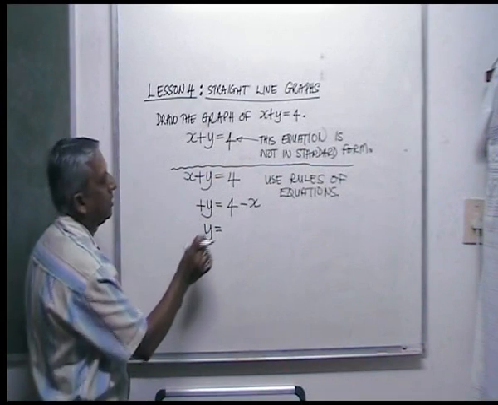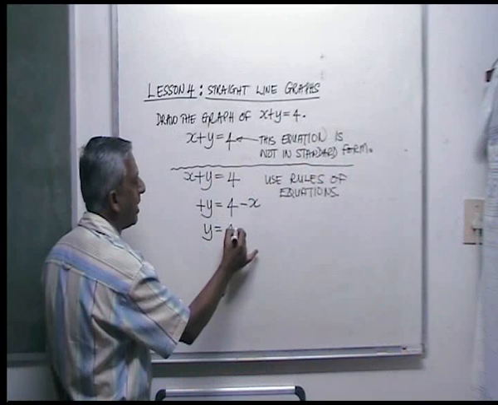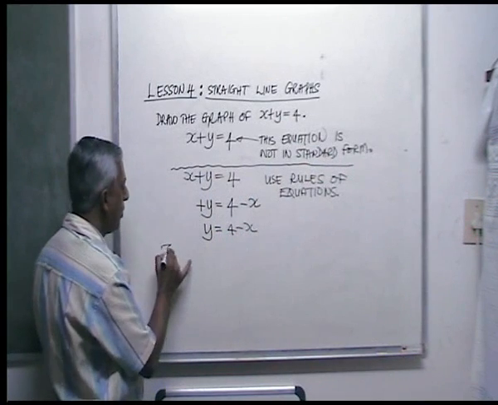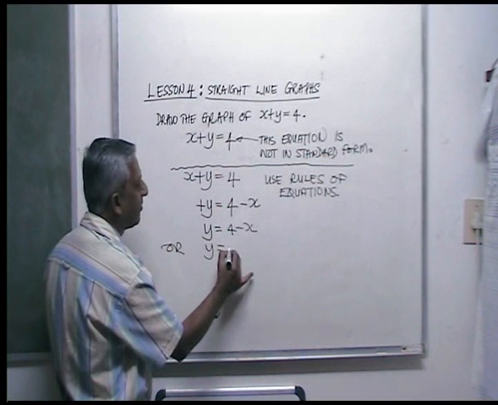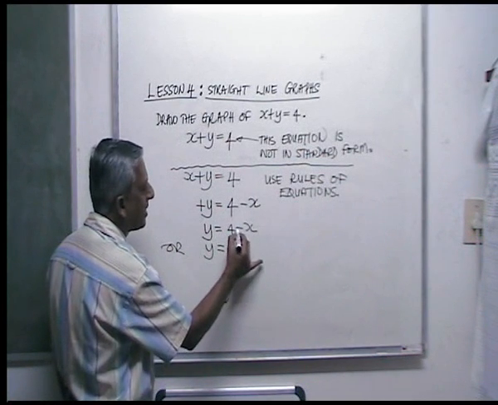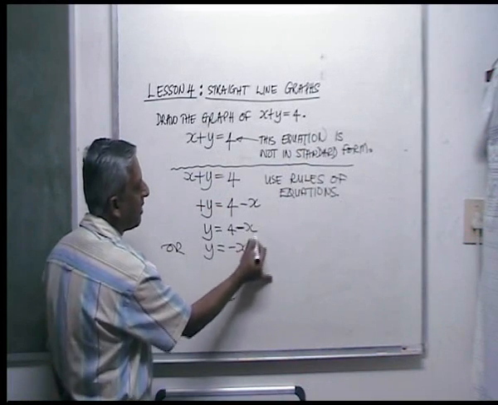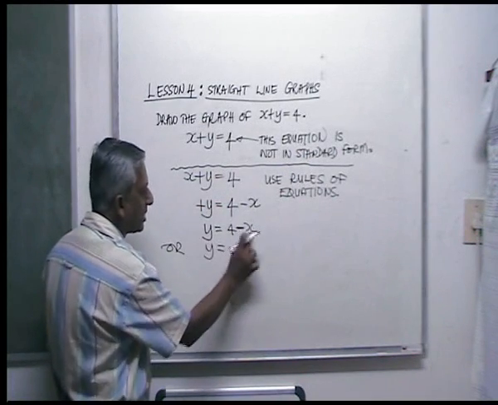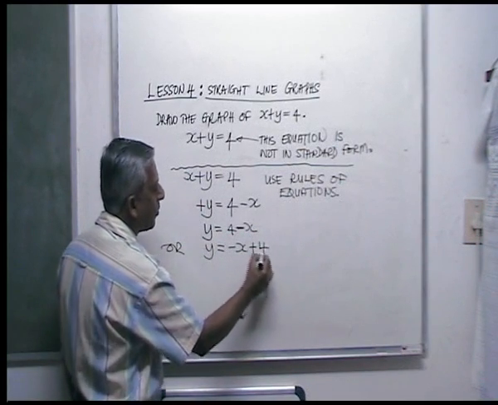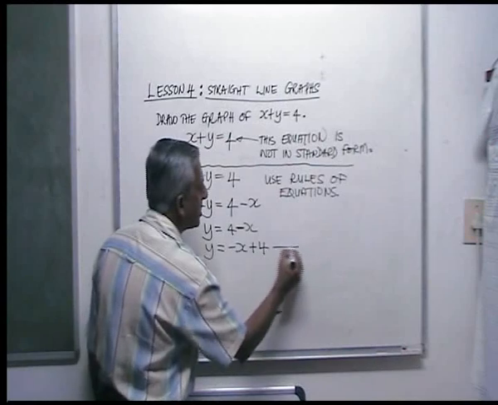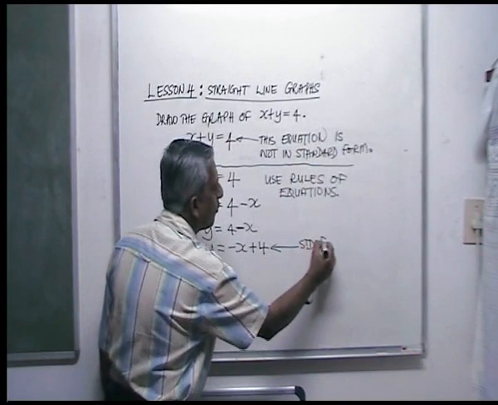You can say y is equal to 4 minus x, or I can write that x in the front now. If I write the x in the front, the minus goes with it, because the term is minus x. So I can say y is equal to minus x plus 4. So now this equation is in standard form.